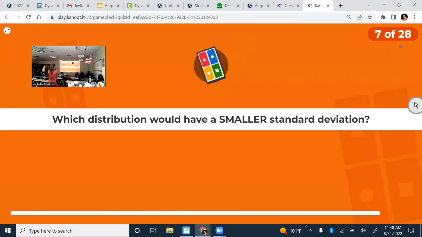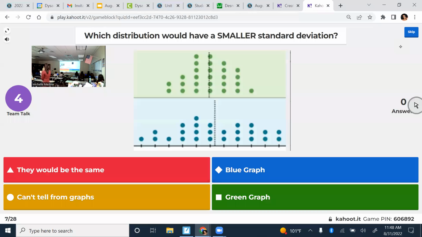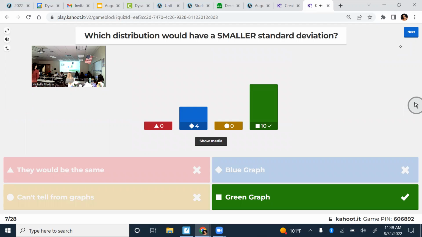Which distribution would have a smaller standard deviation? All right, so standard deviation measures what again?